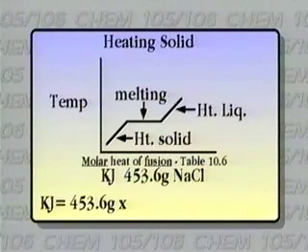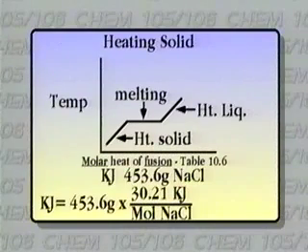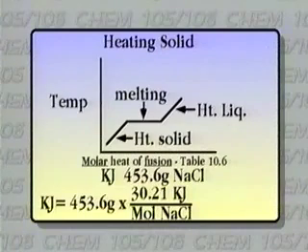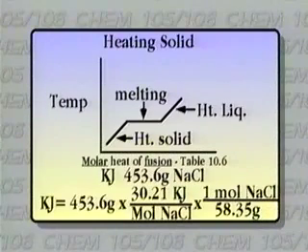multiplied by, looking for the molar heat of fusion of sodium chloride, that was 30.21 kilojoules per mole of NaCl. And of course, that won't work for units, so we would have to convert from moles to grams. So multiplied by, let's see, we'd have 23 and 35, so 58.35 grams of sodium chloride per 1.